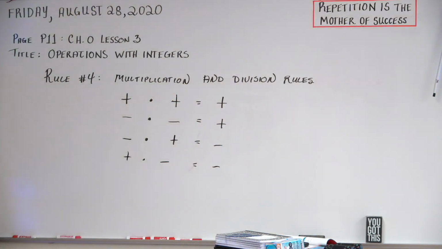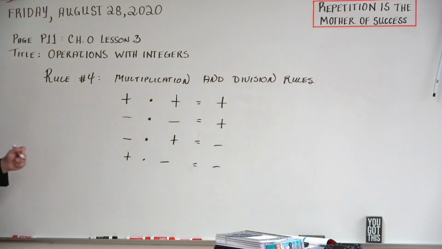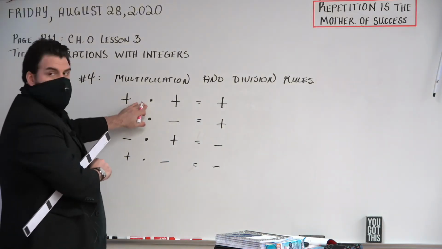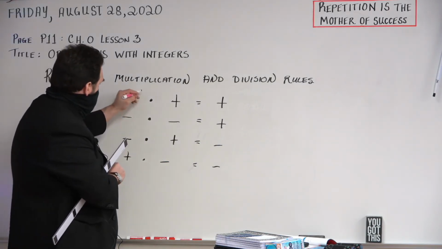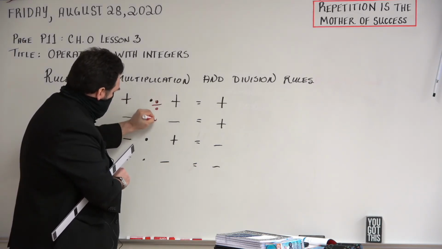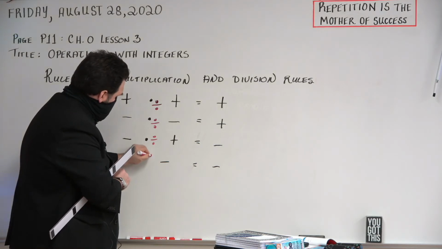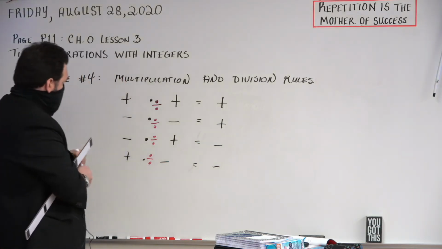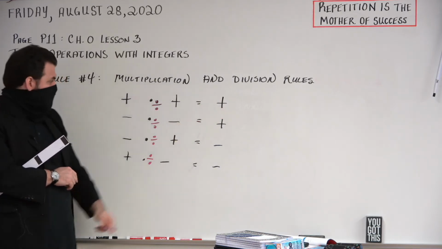That's your multiplication table. You can actually use the same table to make your division table because the rules are identical. Just check this out. Instead of these dots for multiply, we're going to just put division. So a positive divided by a positive always gets you a positive.